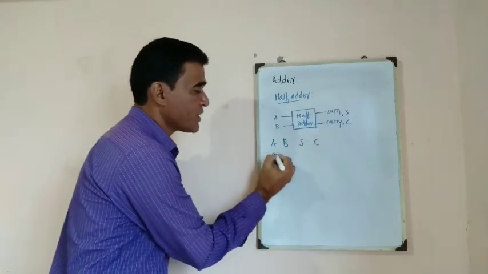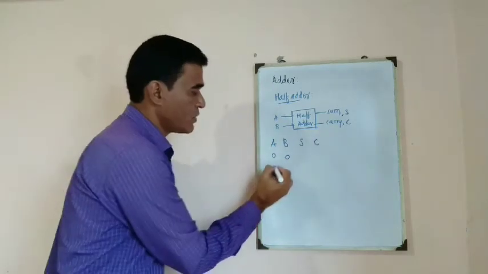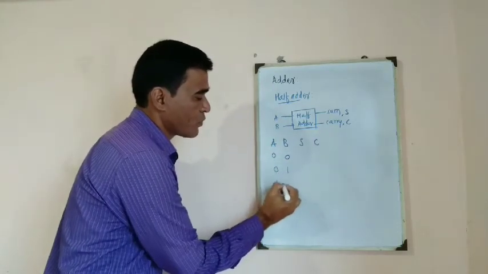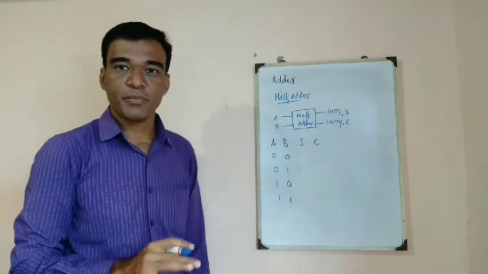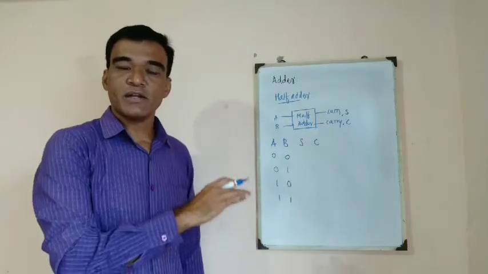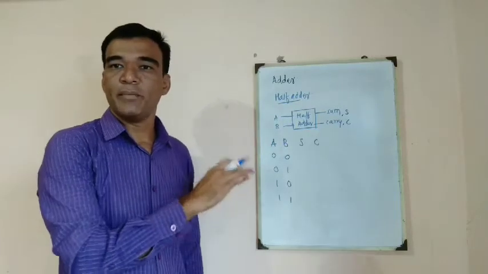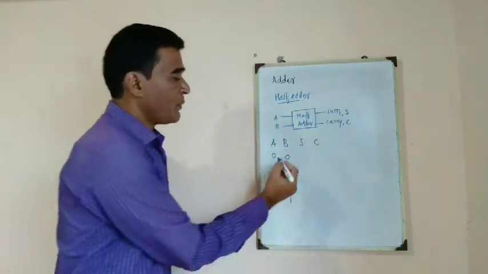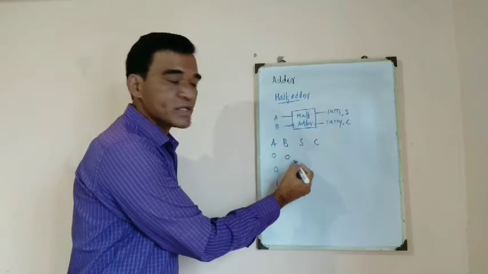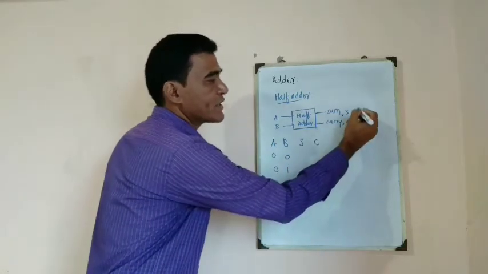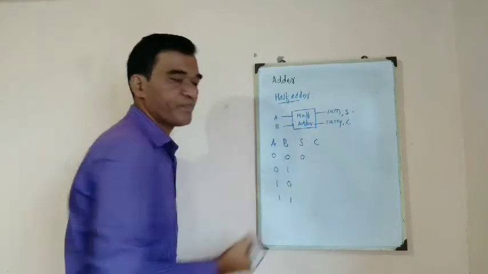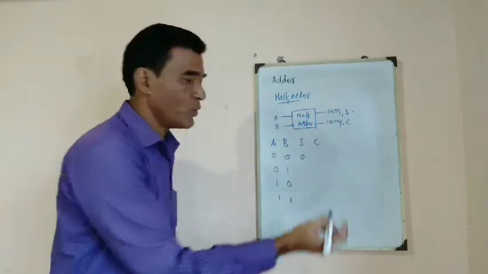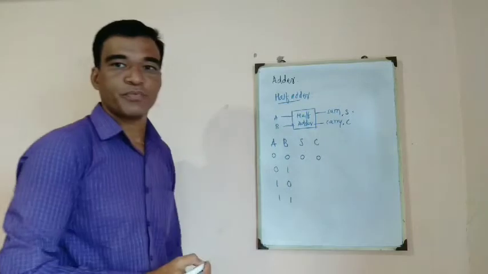Input combinations are 0 0, 0 1, 1 0 and 1 1. These are the different values the variables A and B can take. Now when A and B both are 0, sum, which is addition of A and B, 0 plus 0 gives 0. Whether carry is generated? No. So therefore carry is also 0.